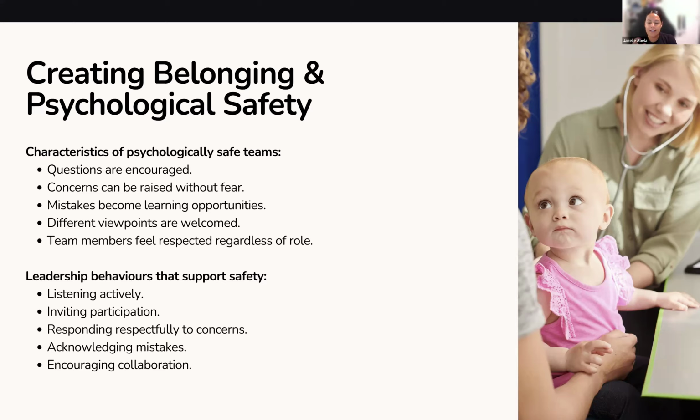When we see this through together, when we see what we're talking about, how we're responding, and we get to equity, which is our goal, we're consistently going to also be developing psychological safety alongside that process. Some characteristics of psychologically safe teams are questions being asked, people being able to raise concerns, mistakes being aired, and team members feeling respected.